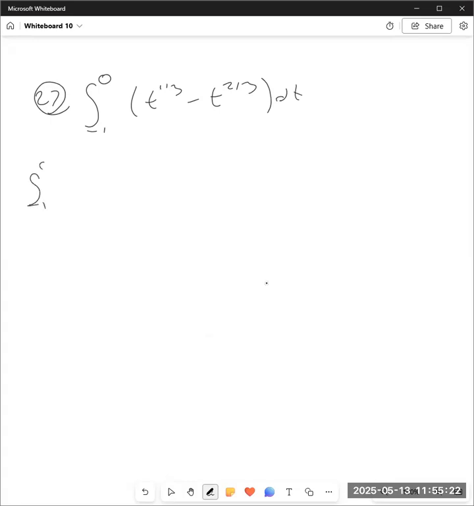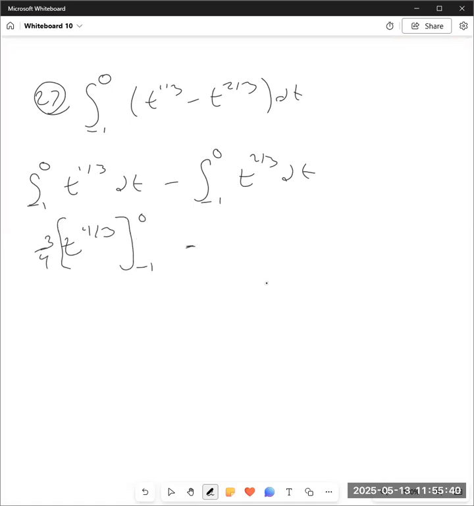Integral from -1 to 0 of t to the 1/3 dt minus integral from -1 to 0 of t to the 2/3 dt. It's going to give me t to the 4/3 times 3/4 from -1 to 0, minus t to the 5/3 times 3/5 from -1 to 0.